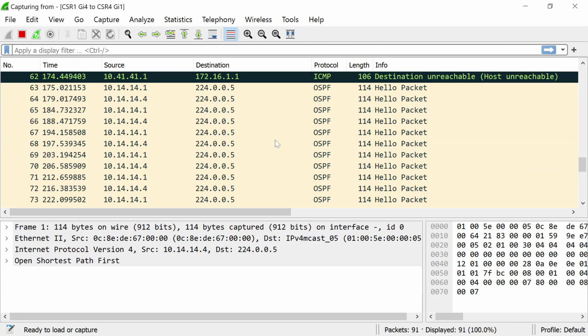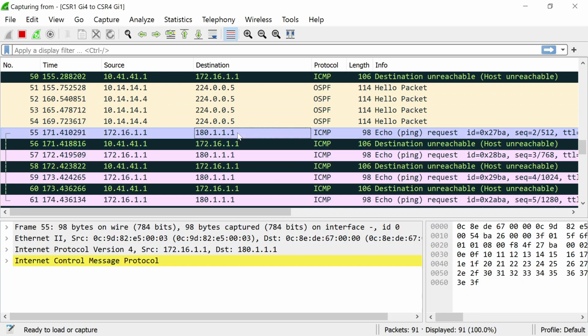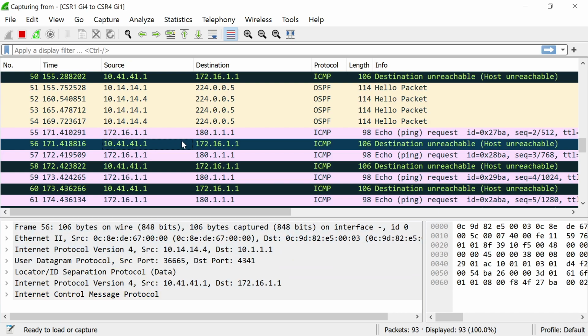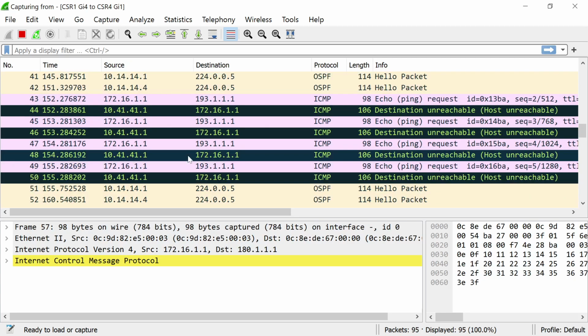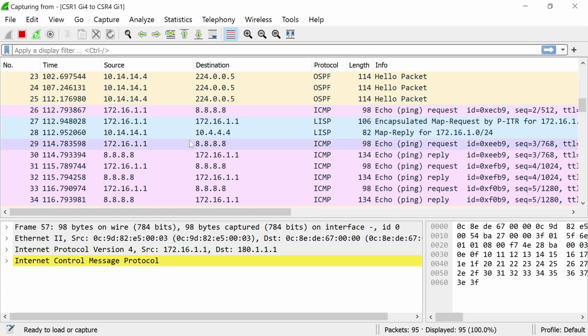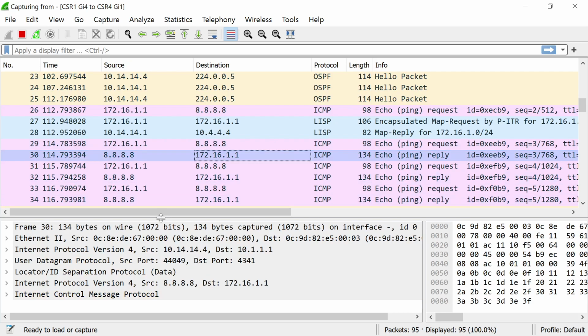So these are the pings. Notice that the pings that go upstream are not tunneled for some reason. But the pings that go the other way around are tunneled.